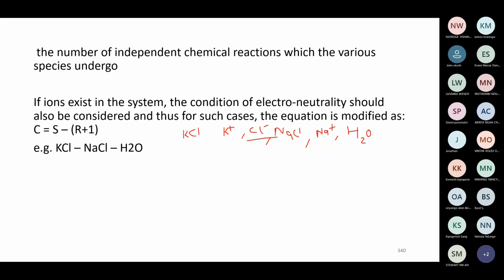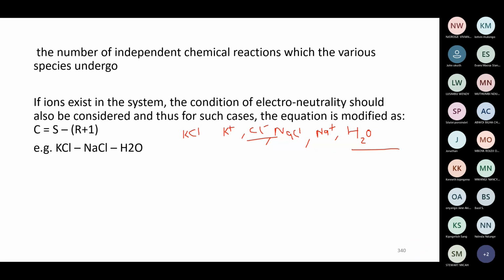So we have 1, 2, 3, 4, 5, 6 species in the system. We don't consider the dissociation. We know that water dissociates, but we are going to disregard that one because it's usually to a very small extent.